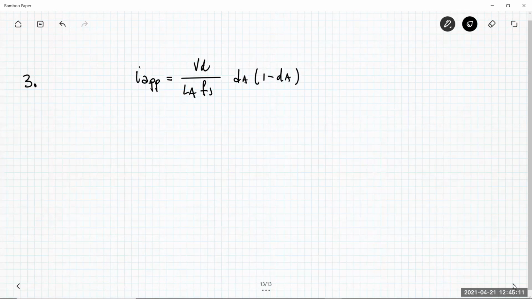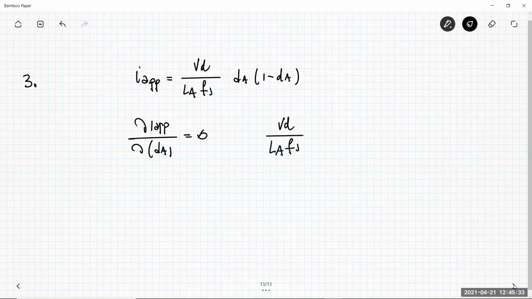In order to find the maximum, of course, I have to take the derivative of the current ripple versus the duty cycle and put it equal to 0. So this is Vd over LA Fs, and then I have the derivative of dA minus dA squared with respect to dA, equal to 0.